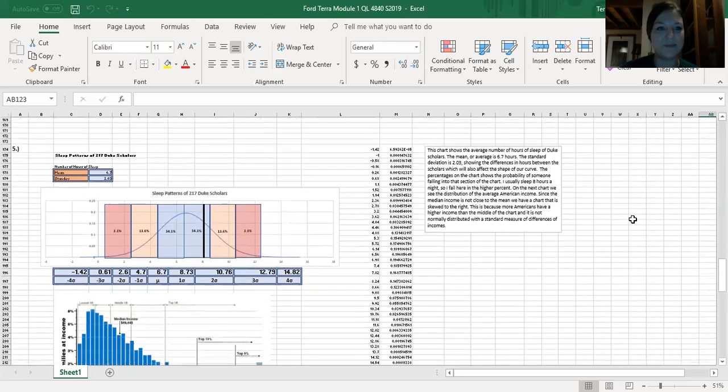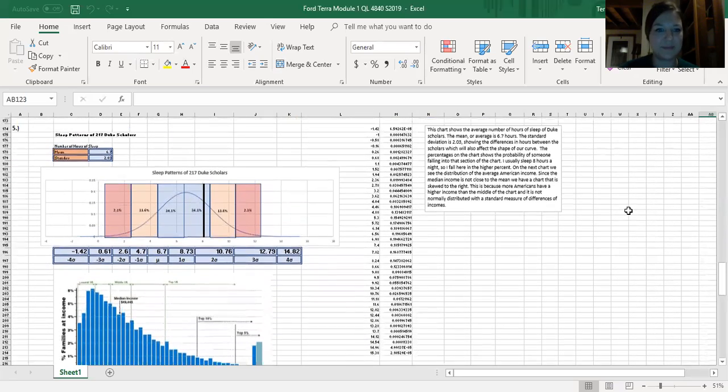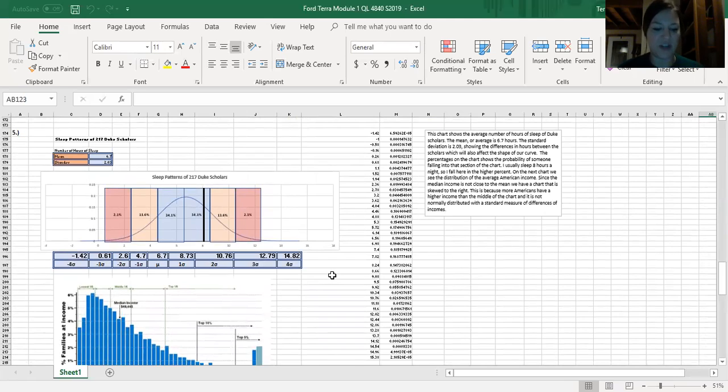Number 5. This information shows the average number of sleep hours of Duke scholars. The mean or average is 6.7 hours right here, and it's shown in the chart right here.